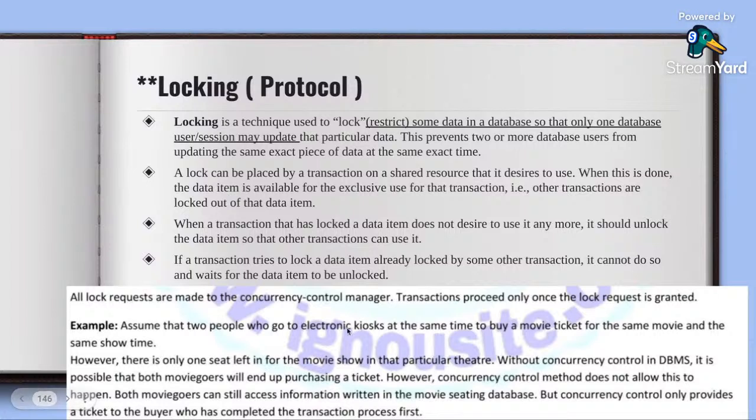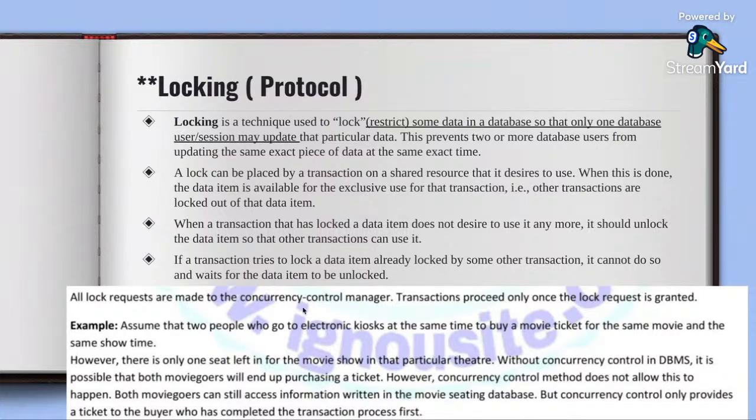For example, there is a data item that they're trying to manipulate. Let's say the first transaction will send a request to the concurrency control manager saying, okay, I want to make an update to that particular data item.